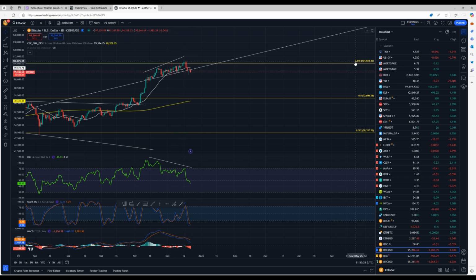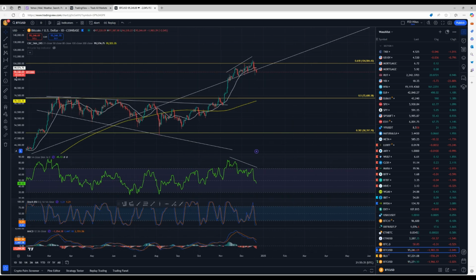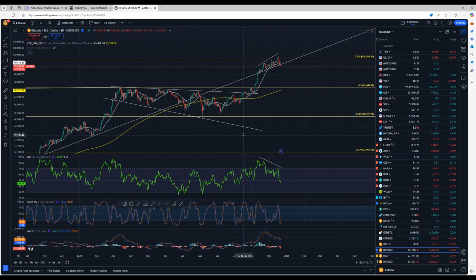Bringing it up over the 1618 and now reversing again. That's two opportunities to get out. So if we're getting rejected here, where would the next target be? Right here's the 0.5 at 72,600. It was resistance. It can be flipped as support for a moment.